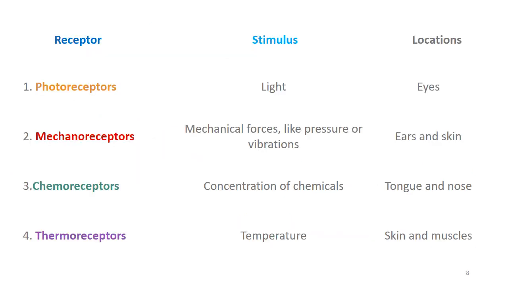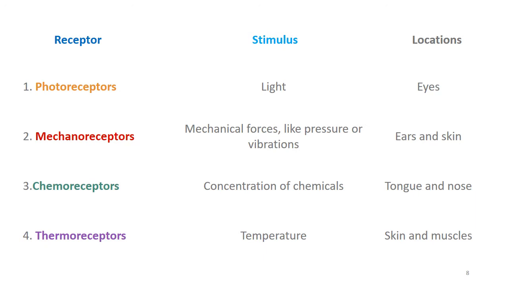This is a table showing the types of receptors, the stimulus, and the locations that you find them in the human body. So, number 1, photoreceptors. For example, light, which are located in the eyes. Mechanoreceptors is number 2.